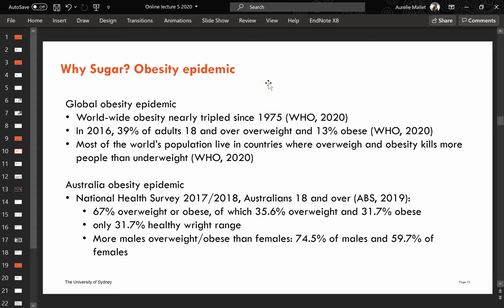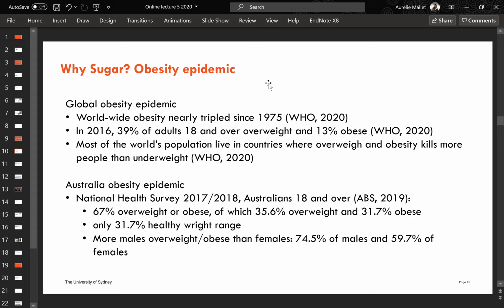So if we look at obesity at a global level, it's nearly tripled since 1975, so that's not good. And according to the World Health Organization in 2016, 30% of adults over the age of 18 were overweight and 13% were obese. So a lot of people.